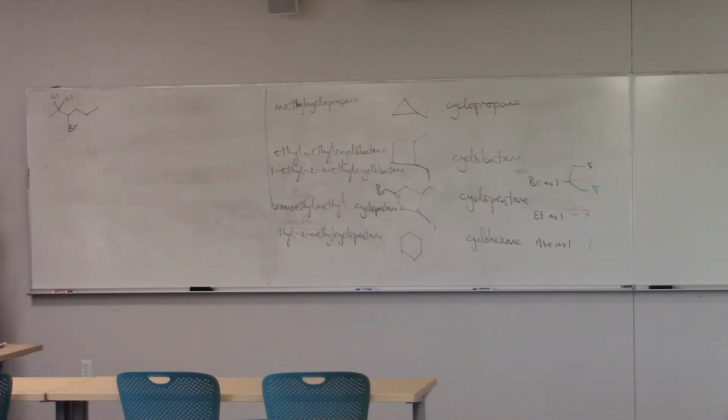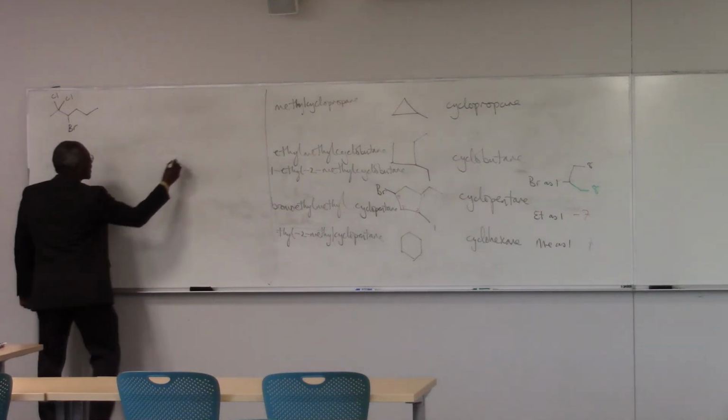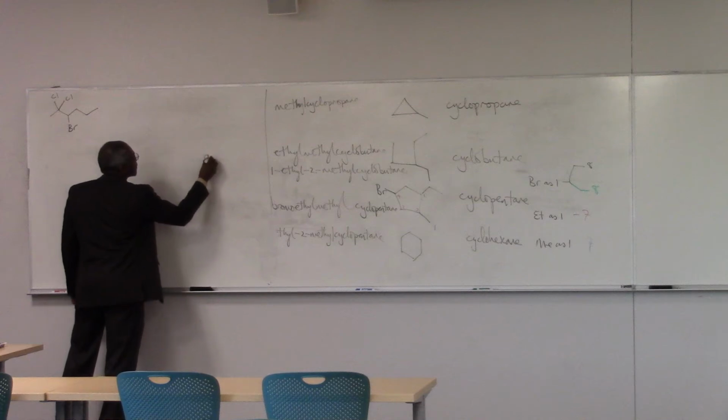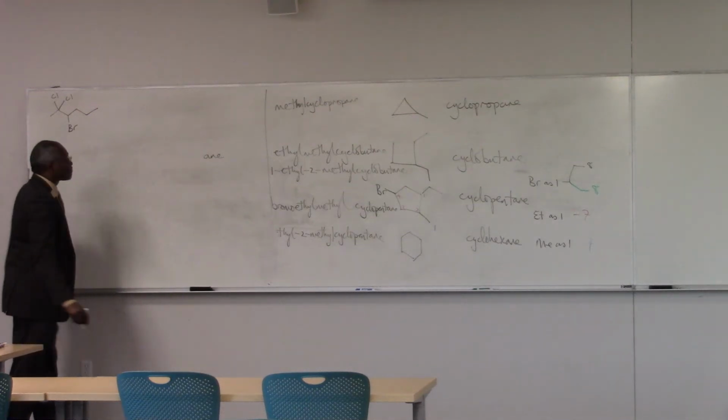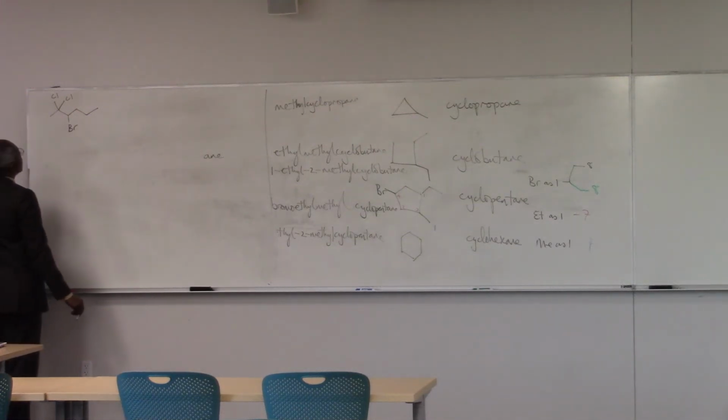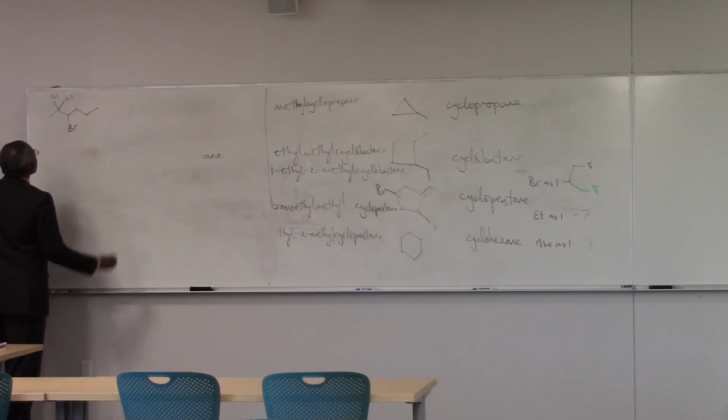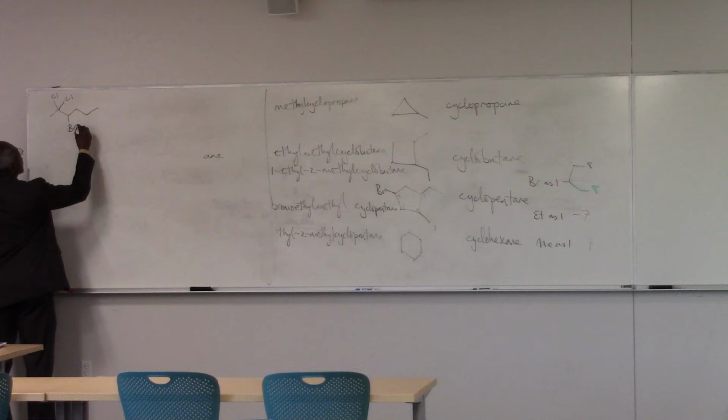Name that one. So again, this is an alkane. It's a haloalkane. So I'm going to write ane. My longest chain. Oh, actually, let's make it more interesting. 1, 2, 3.